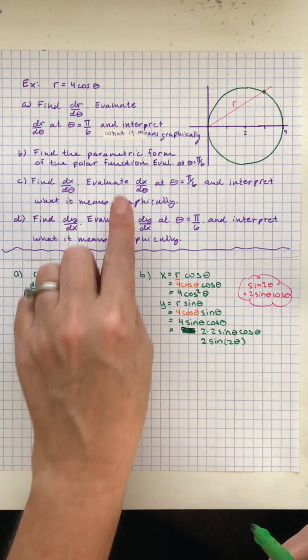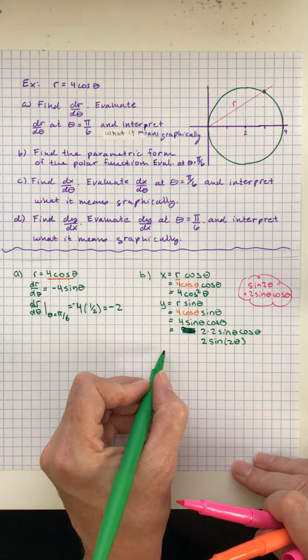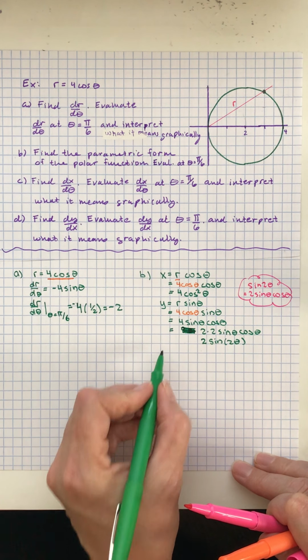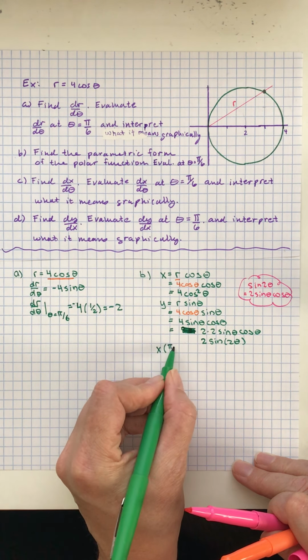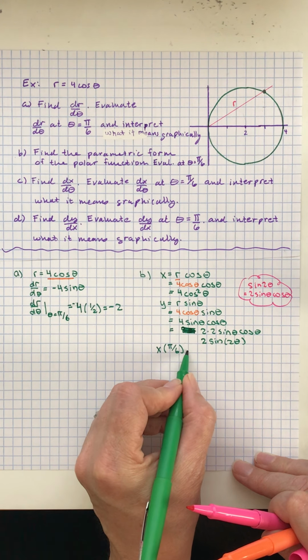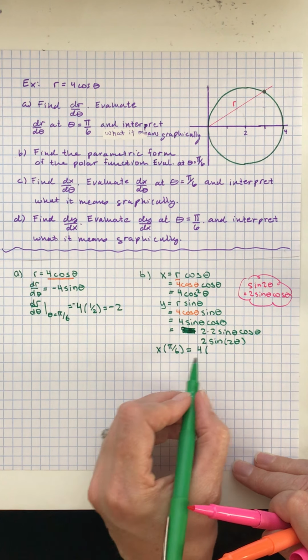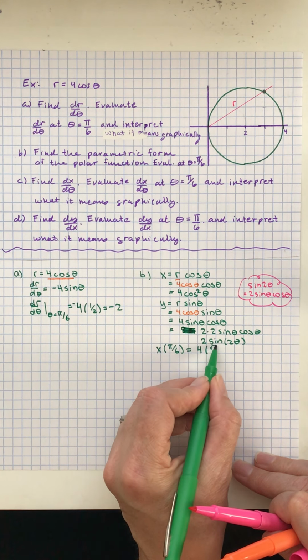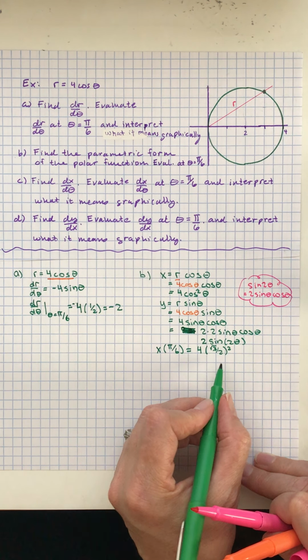Then the question also asks us to evaluate this at pi over 6, which I think is important so you can wrap your head around what it is that we just found here. If I substitute in pi over 6 into the x-coordinate, I would get 4 times the cosine of pi over 6, which is √3/2, and then square that.